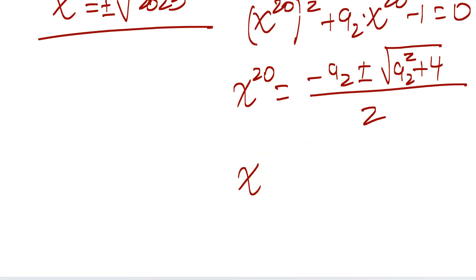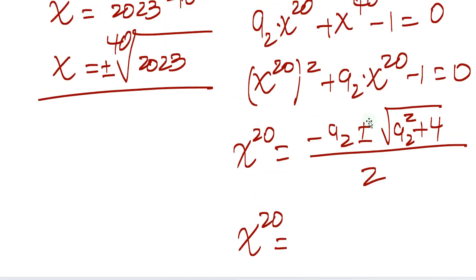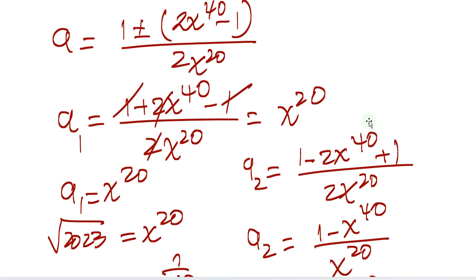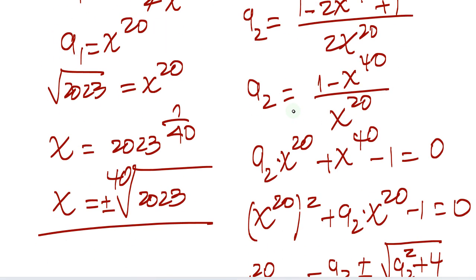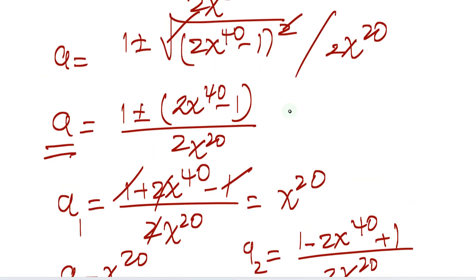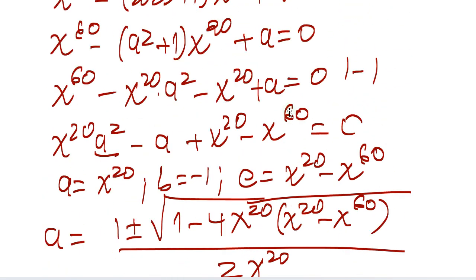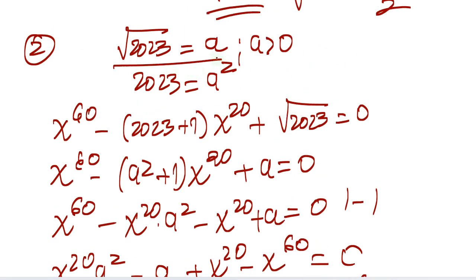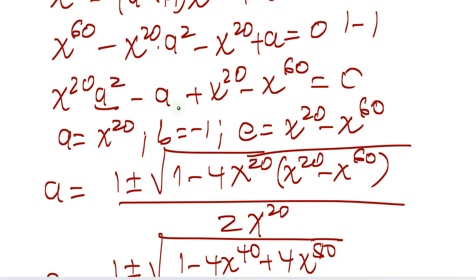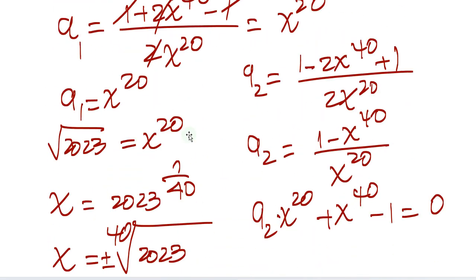So we have then x to the 20 is going to be equal. But remember that this is a, right, that we're solving here. Remember that we said that a is equal to the square root of 2023, and a squared is 2023.